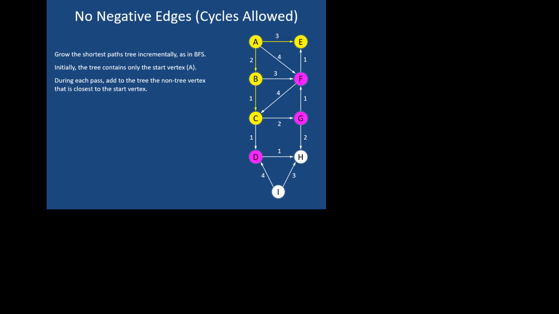See, F is 4 away, and G is 5 away, D is 4 away. So D comes next. And now we're considering F, G, and H, and it looks like F is closest at 4, and then H is next, and then G. Then we're done. So we're just making one pass through.